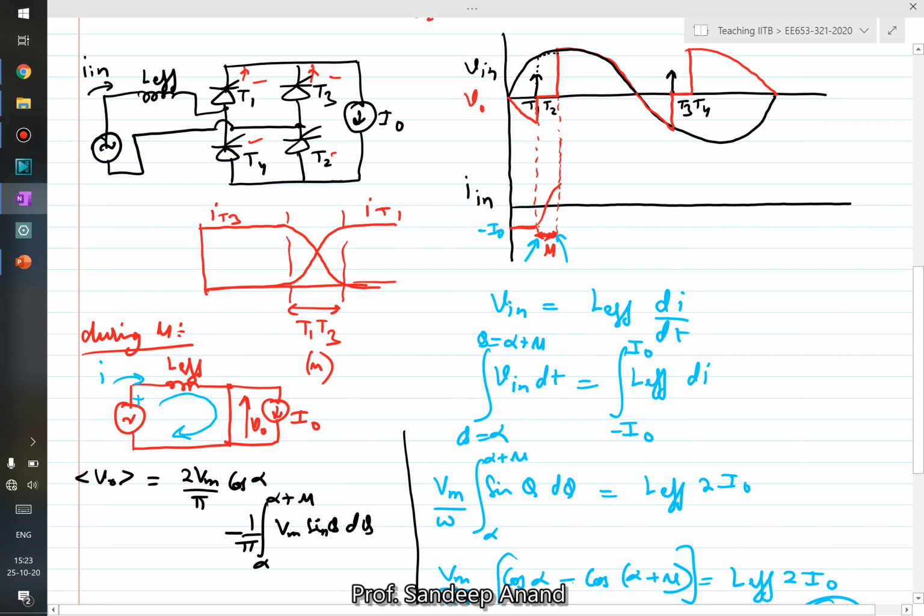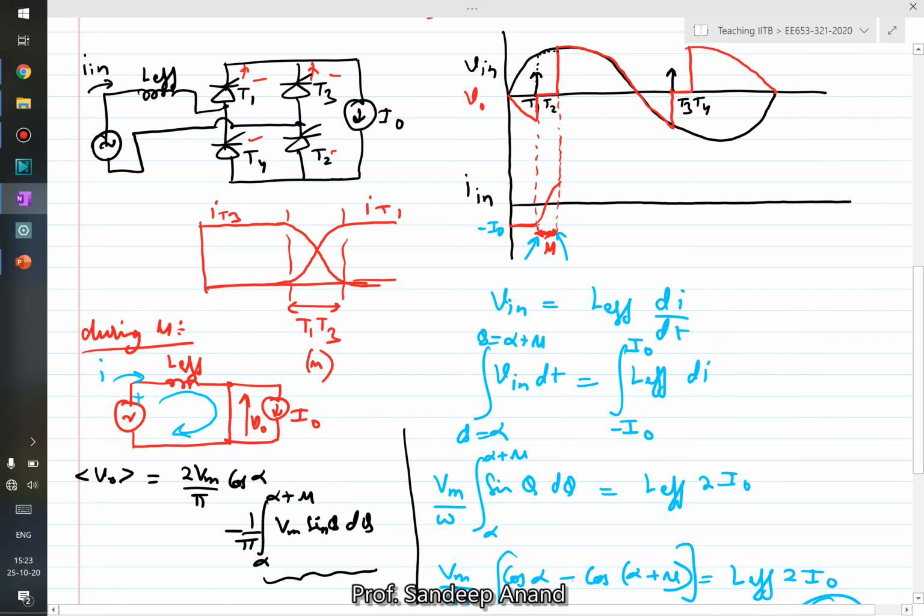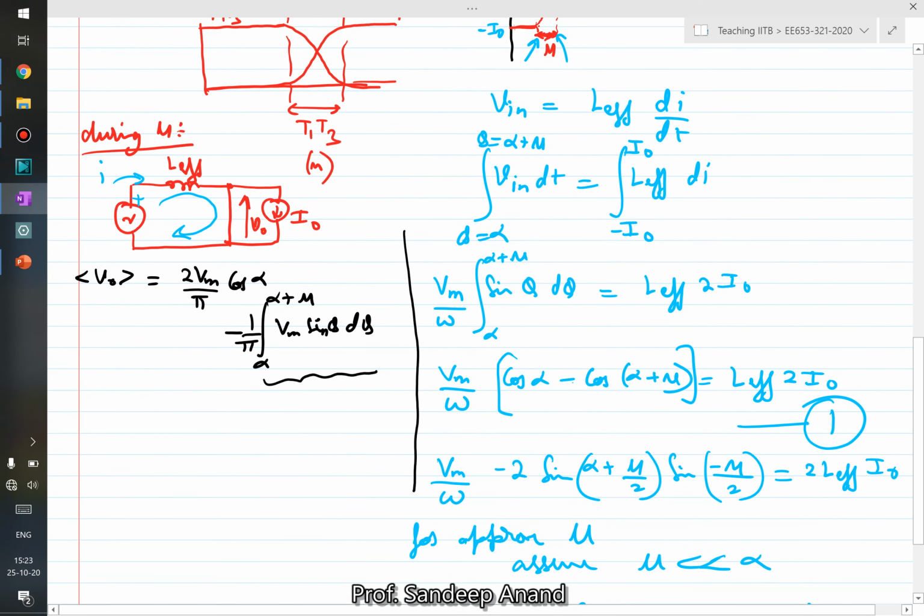Why? Because this part is actually not present in the new voltage. So the old average voltage minus this part which is not present in the new voltage would give you the new average. So now let us try to solve it.